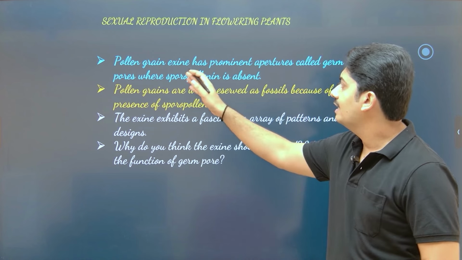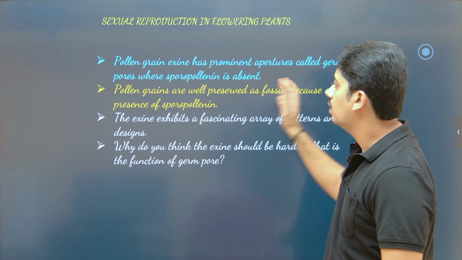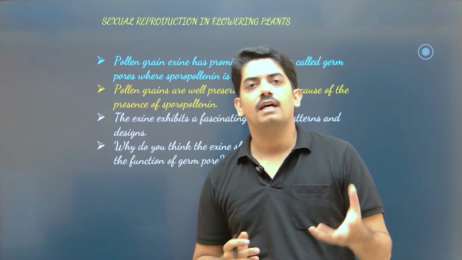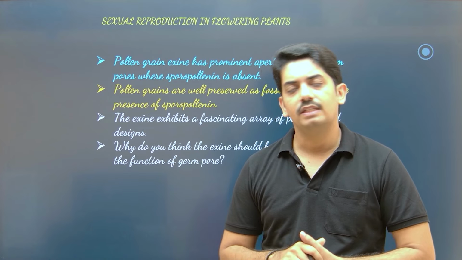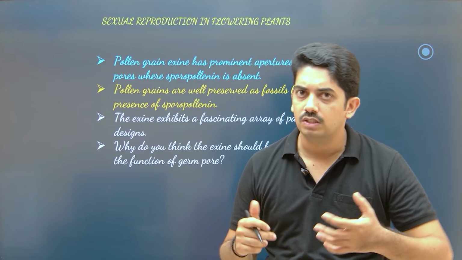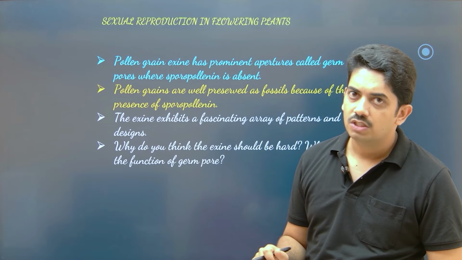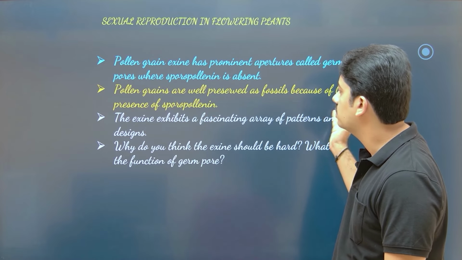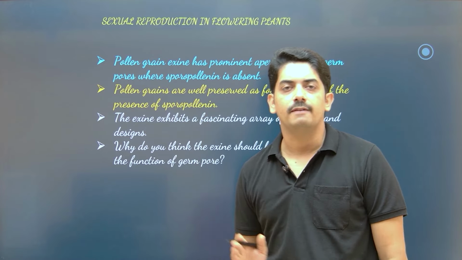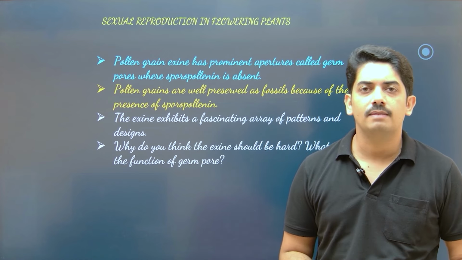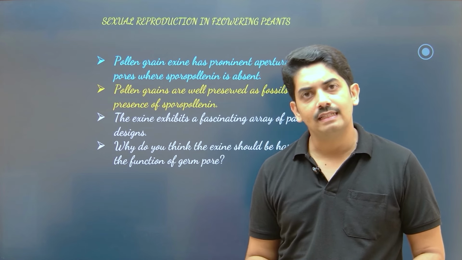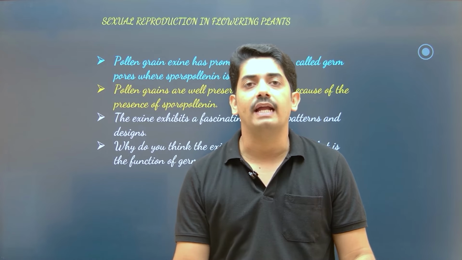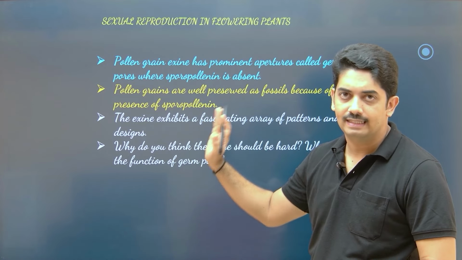Now, this pollen grain exine has prominent apertures called germ pores where sporopollenin is absent. So sometimes in exam, if they ask where the sporopollenin is absent in pollen grain, your answer will be the germ pore region. Pollen grains are well preserved as fossils because of the presence of sporopollenin. For many years we can store them or preserve them. The only reason is sporopollenin, because so far no enzymes have been identified which have the ability to degrade this.